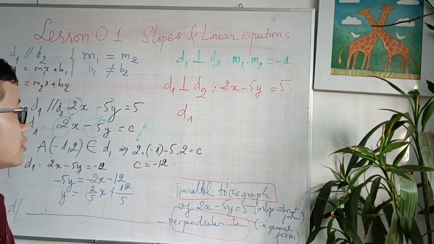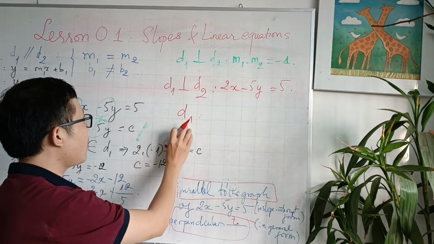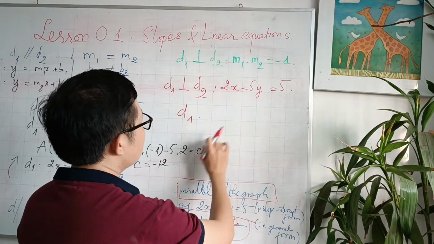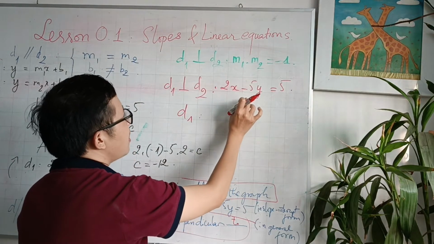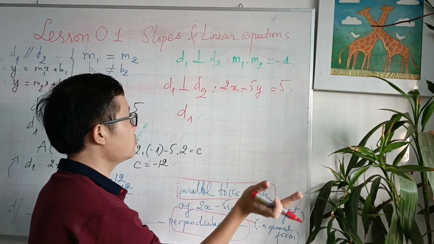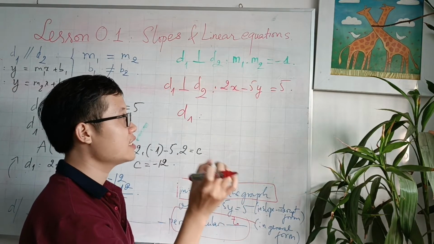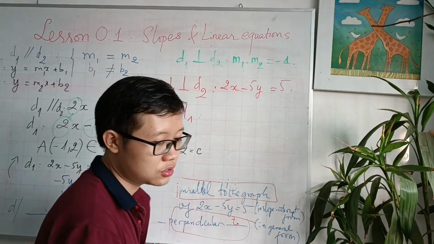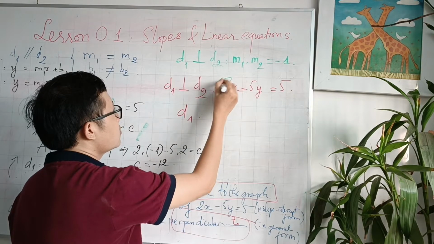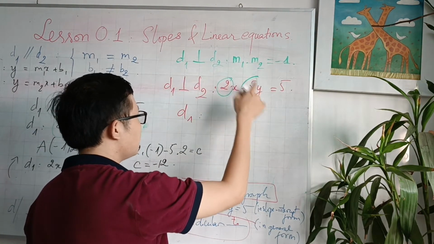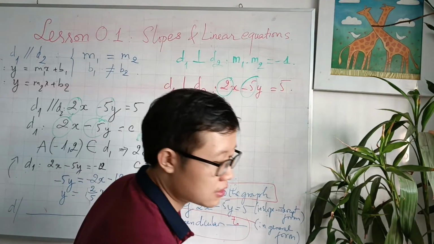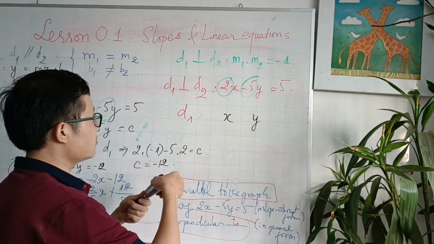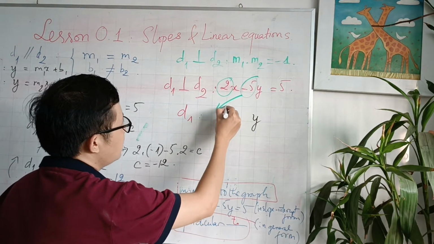It's easy to remember that when you have D1 perpendicular to D2, you must swap the coefficients before x and y, and you change the sign of only one of the coefficients. So we have two coefficients here, 2 before x and -5 before y. So we have the form x, y, and we change the coefficient.